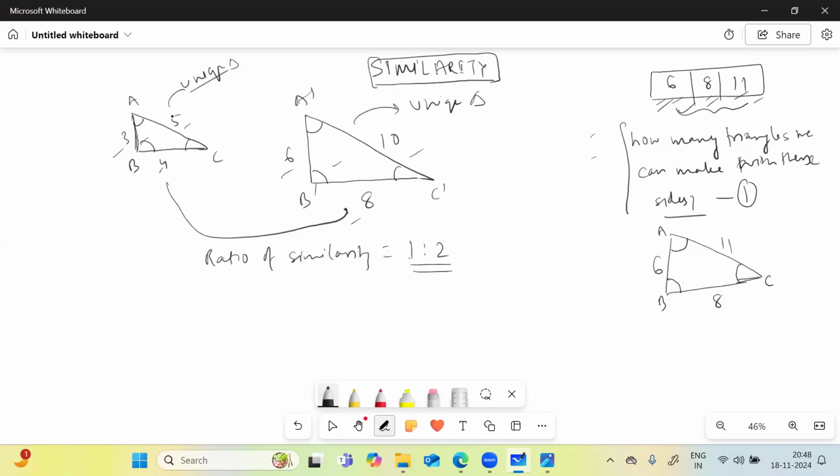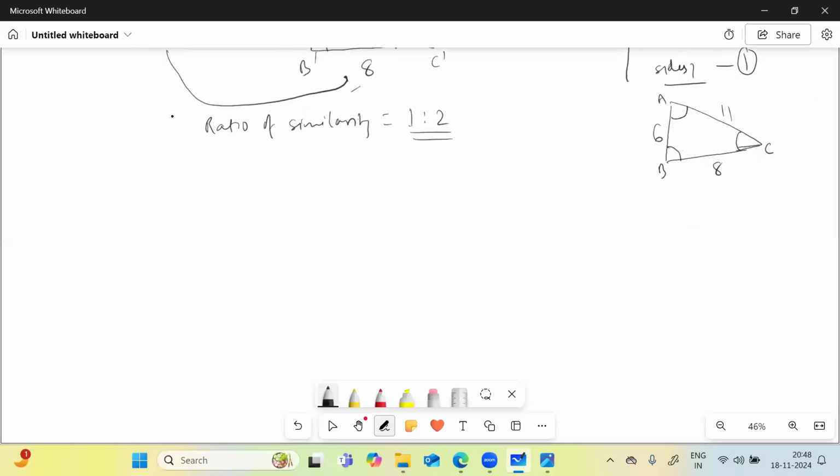So if I give you another example, like let's say this side is 4, this is 7, and this angle is a fixed theta.